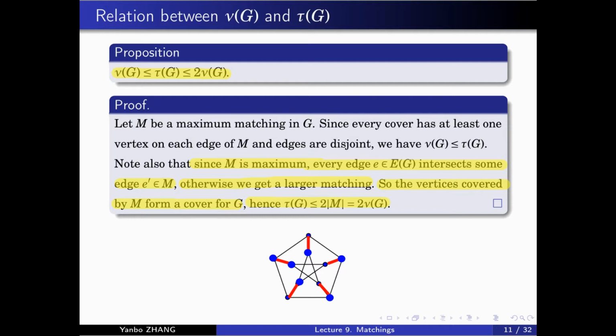So for a maximum matching and a vertex cover, every edge in the maximum matching is incident to at least one vertex of the vertex cover. On the other hand, all the endpoints of M form a vertex cover.